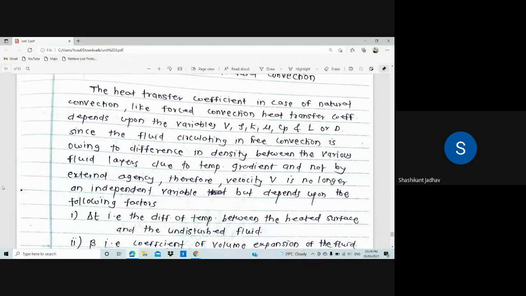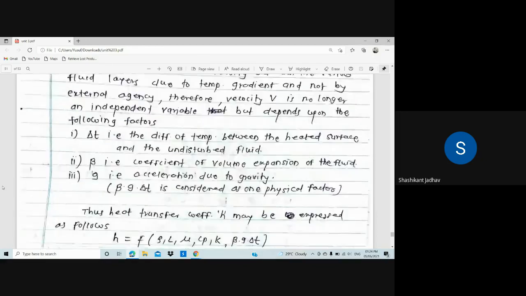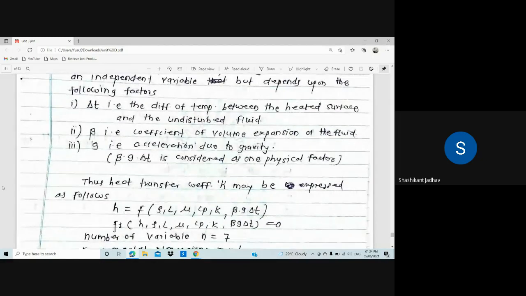Therefore velocity v is no longer an independent variable, but depends upon the following factors.